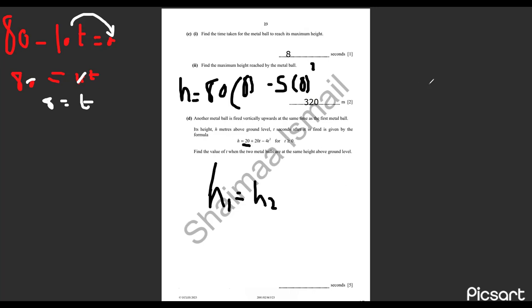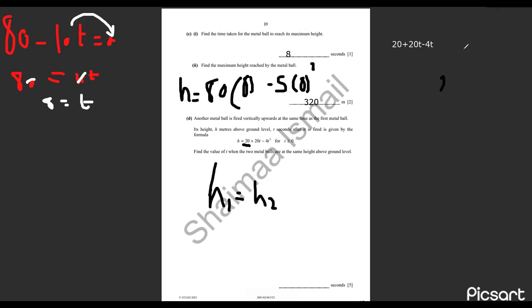Here we have 20 plus 20t minus 4t squared. Then we're going to get the value of t. He asked you to find the value of t.